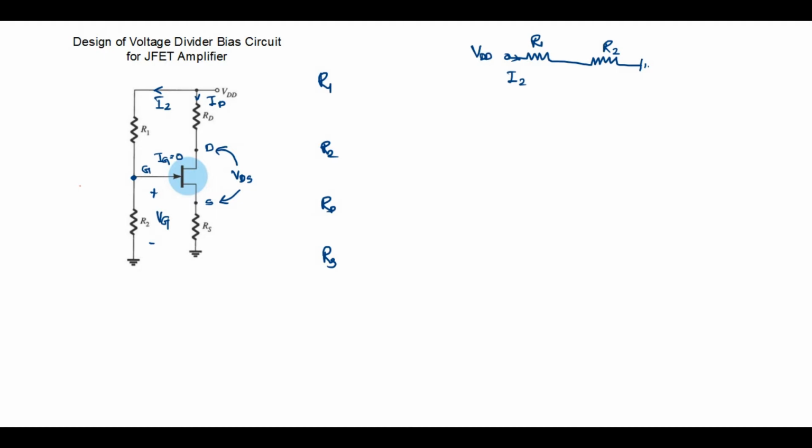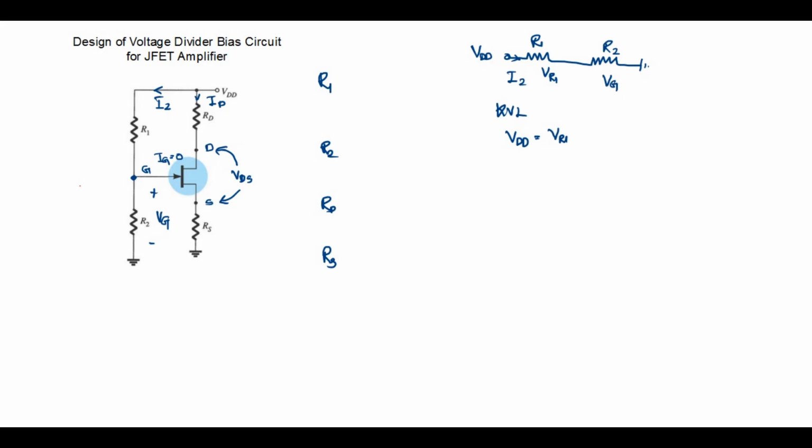We can call this voltage VR1, and this voltage is already given here, that is VG. Therefore while applying Kirchhoff's voltage law, KVL, what do we get here?